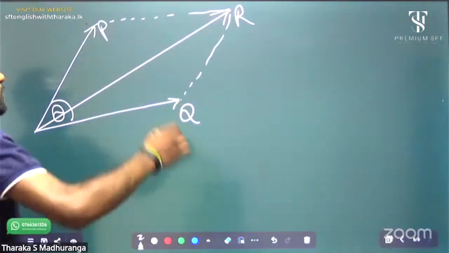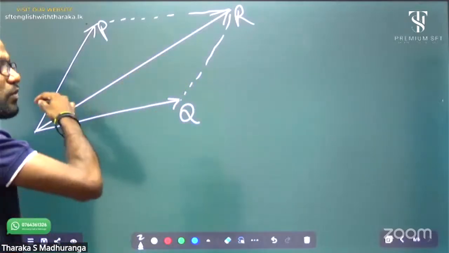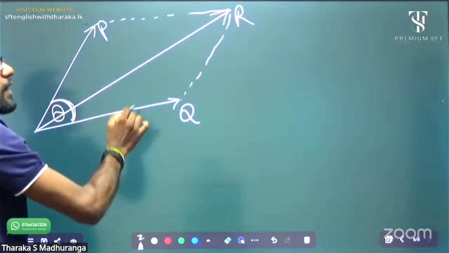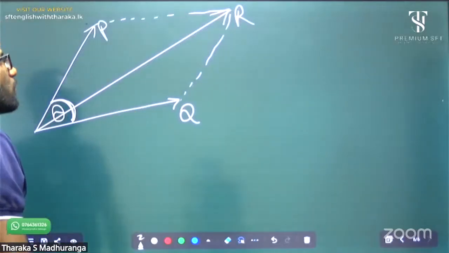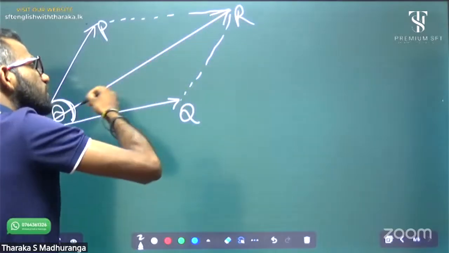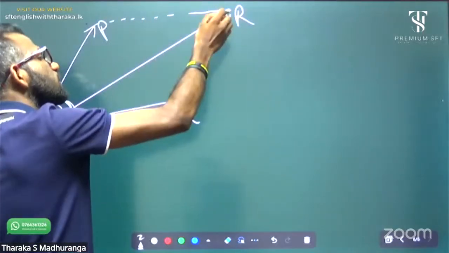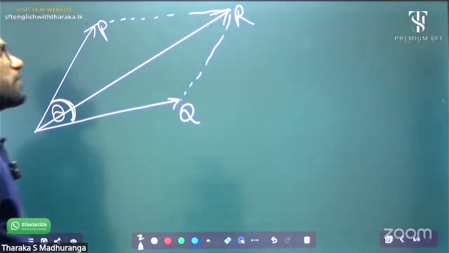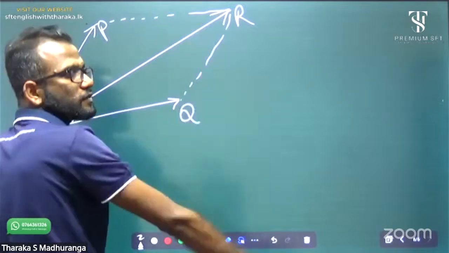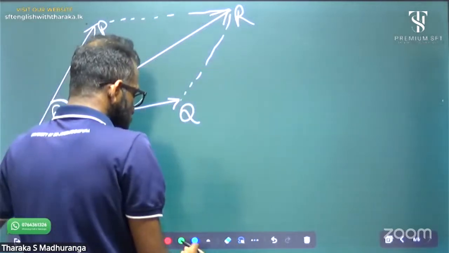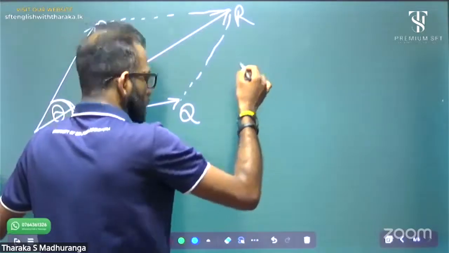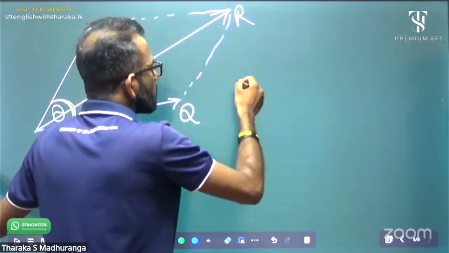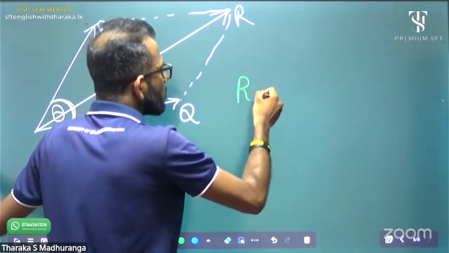Now P and Q are two forces acting at an angle less than 90 degrees. I can complete them as a parallelogram. The diagonal of this parallelogram gives the resultant force of these two forces P and Q. Now this is the equation you can use to get the resultant force.